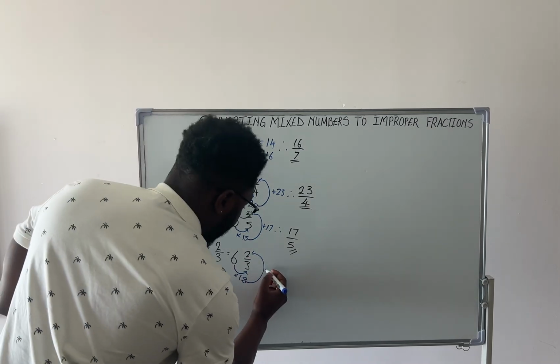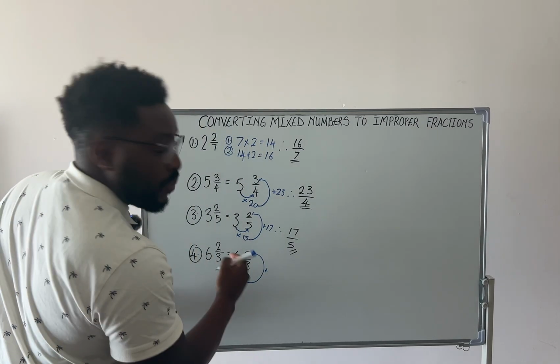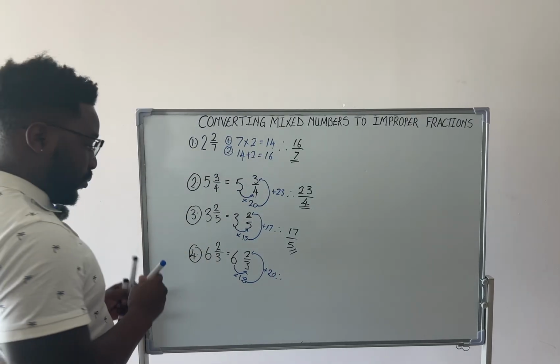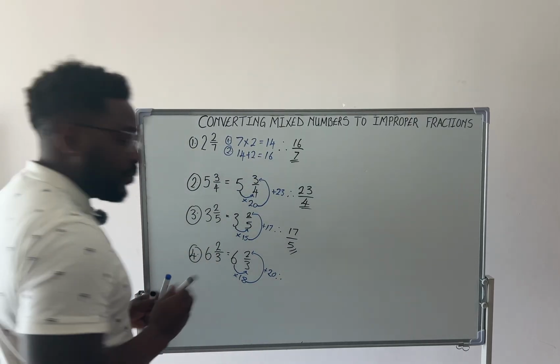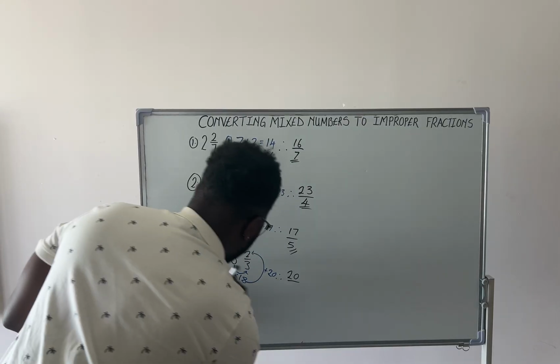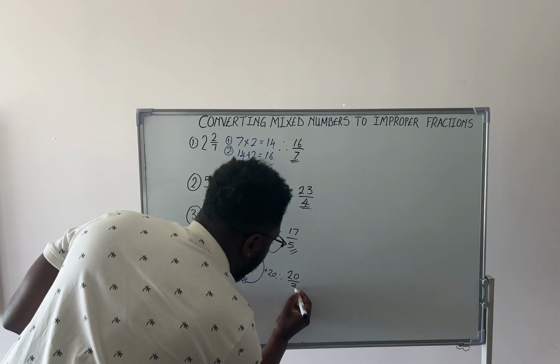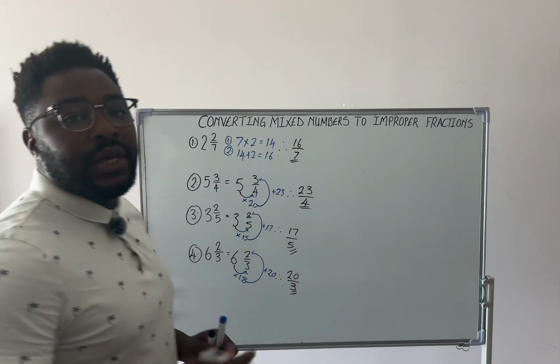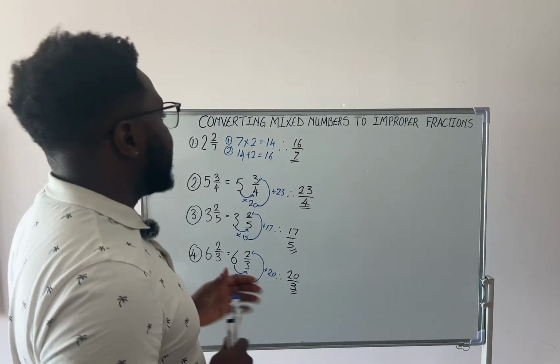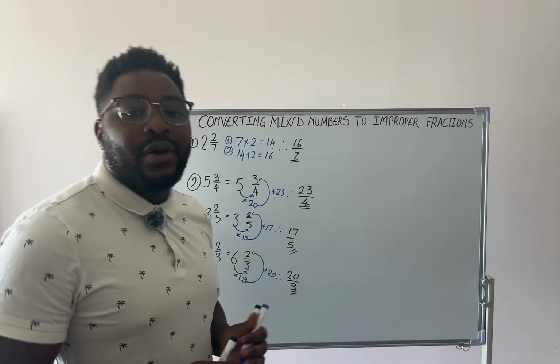So 18 plus 2 is 20. Therefore, our improper fraction will be 20 over, we are keeping our denominator, 3. So there we go. We have converted all these mixed numbers to improper fractions.